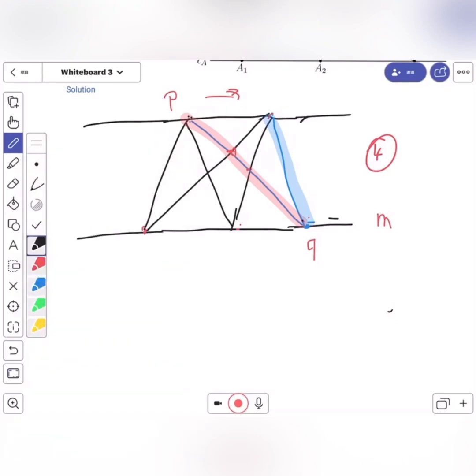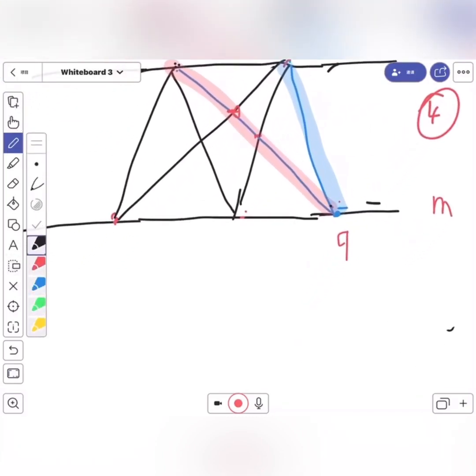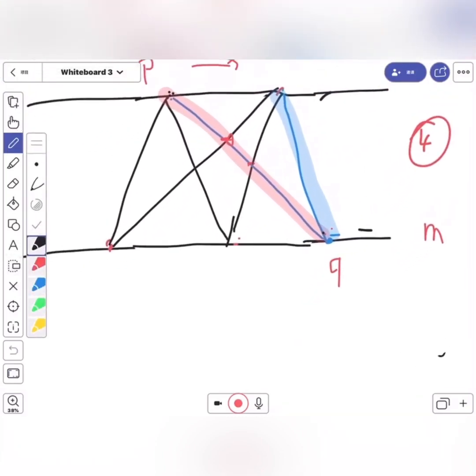From what we have gotten so far, f of m, n is actually equal to f of m, n minus 1.